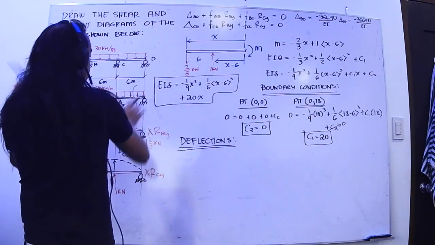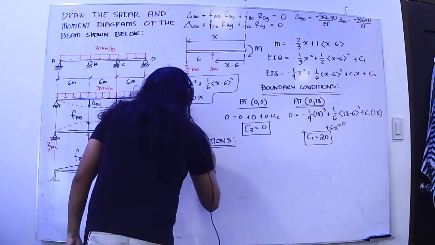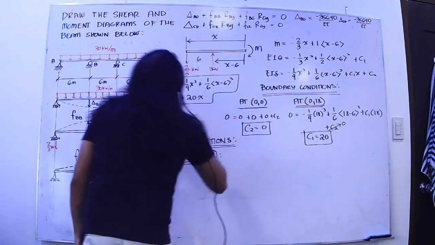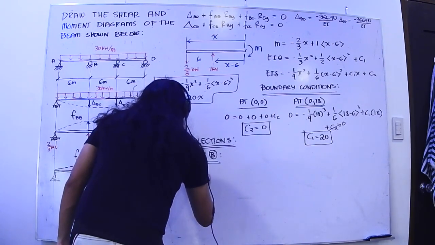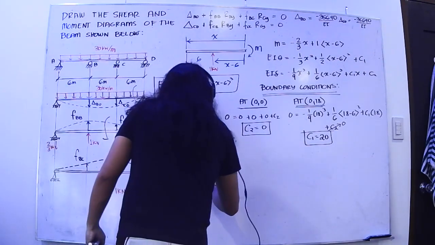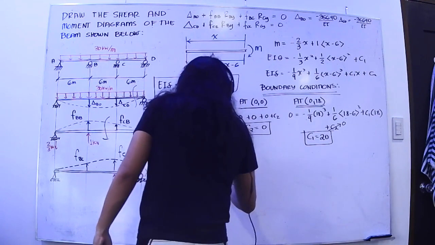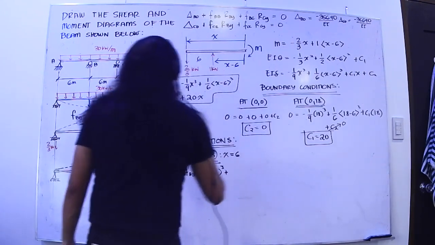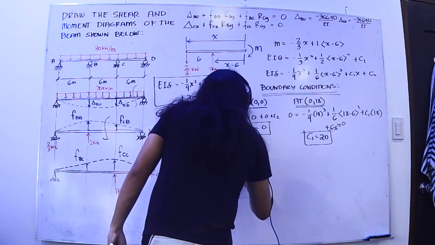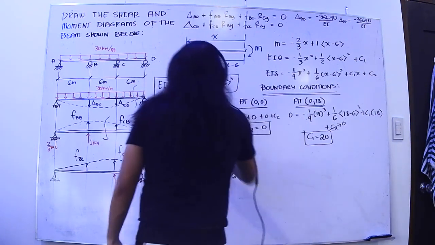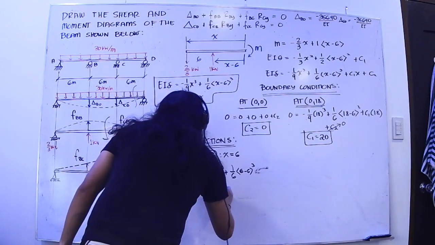So, solving for deflections, we plug in the values. At point B, EI times delta B is equal to negative 1 over 9 times 6 cubed, where x is equal to 6, plus 1 over 6 times 6 minus 6, which is 0, plus 20 times 6.